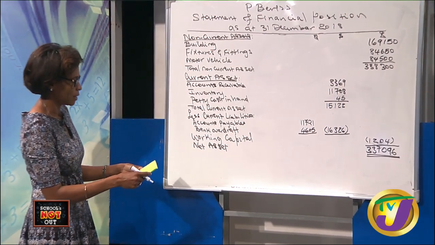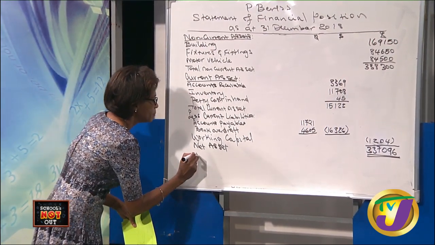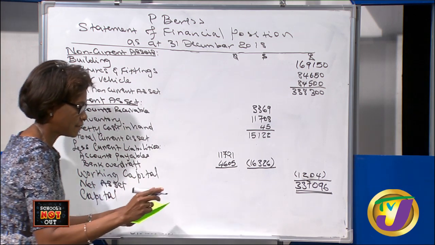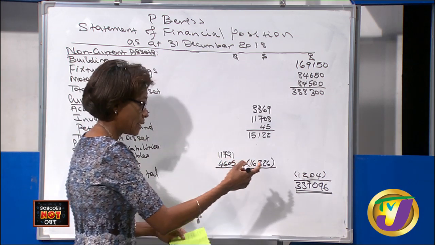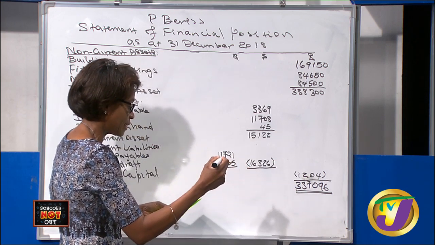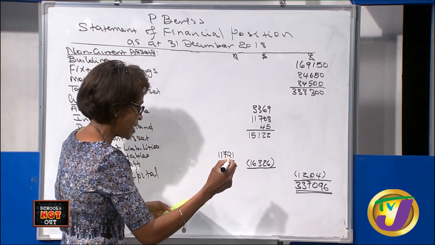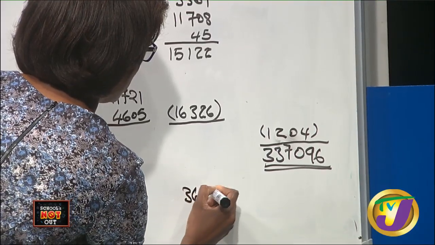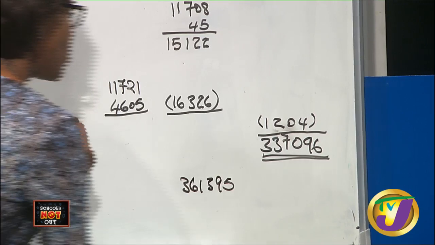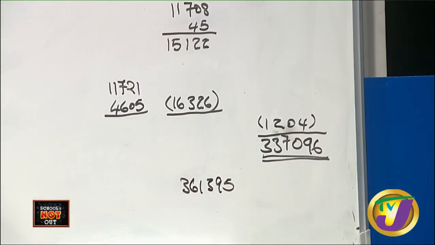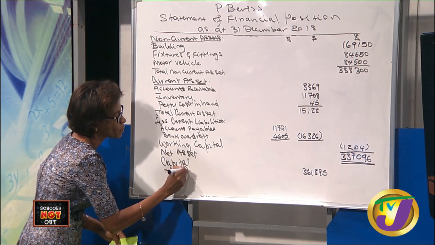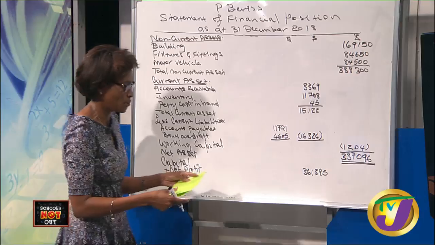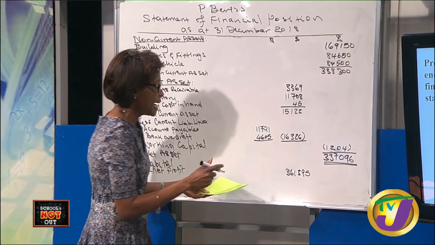So we're going to be looking at our investment and see what happened here. We're going to put our capital figure. You look in your trial balance, it's $361,395. So I put it here, and to that we're going to add our net profit. You remember what our net profit is?